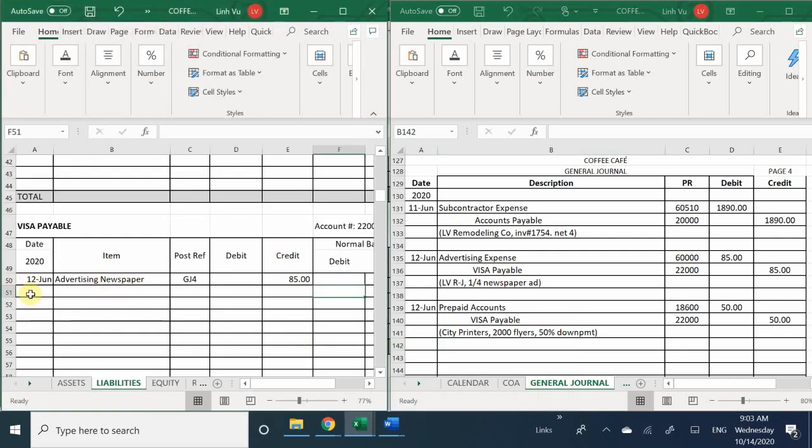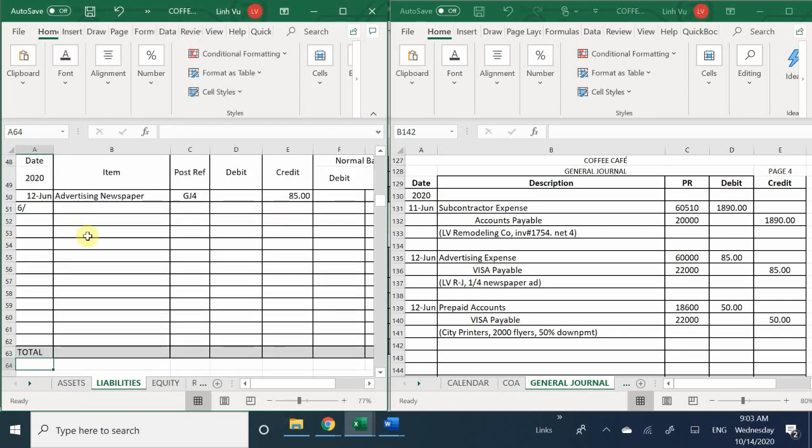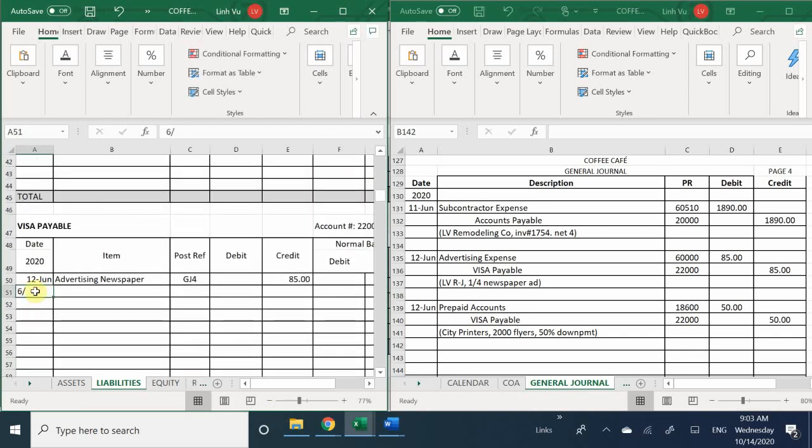I'm going to fill it out with June 12th. Hold on, I just deactivated my lock number key. All right, so 612.